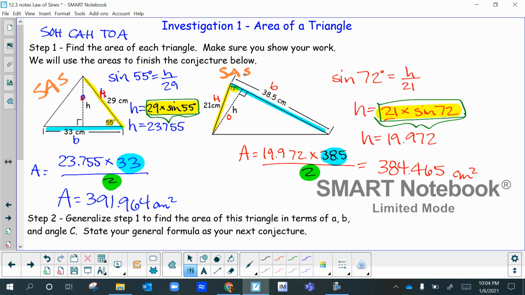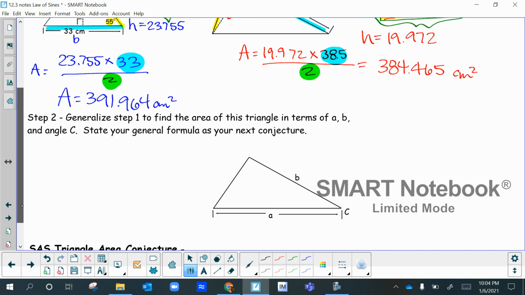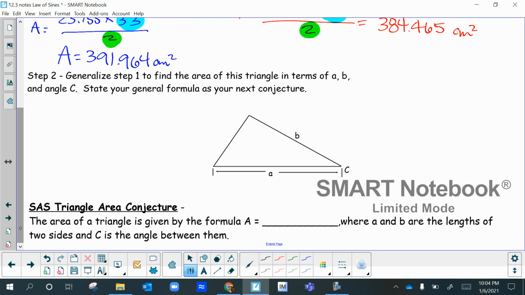How can we generalize this for this problem right here? It says find the area of this triangle, and you don't have really necessarily any numbers, but think about what we just did a second ago, okay? We don't want to take the time to draw the height and use that function, okay? Remember, this is the form of side, angle, side.